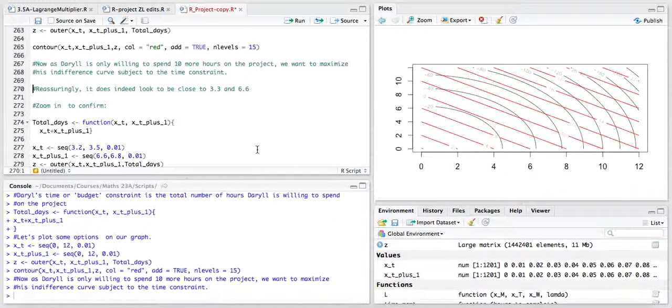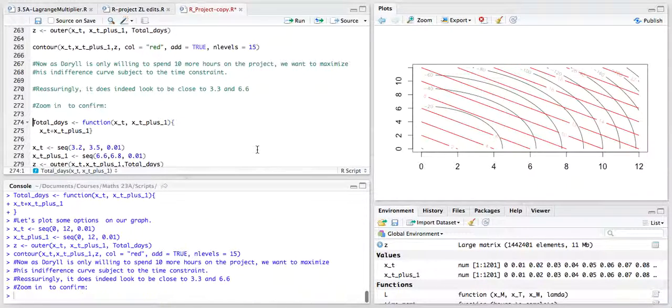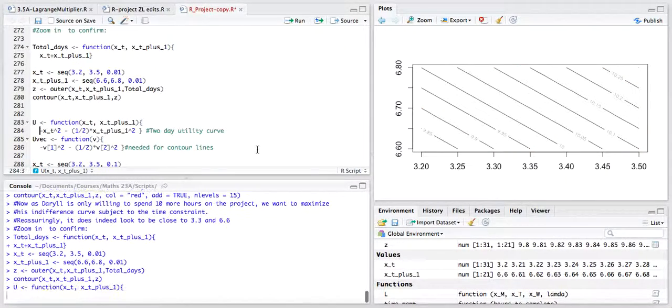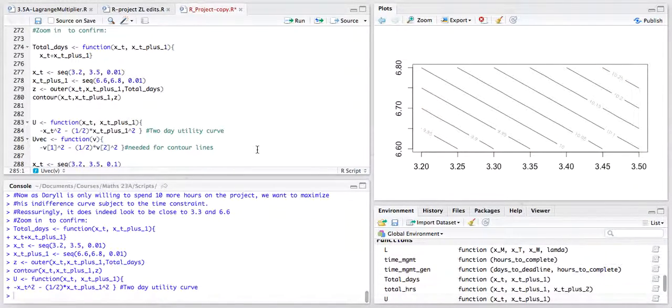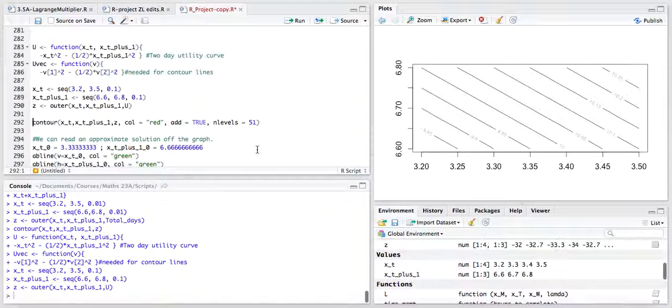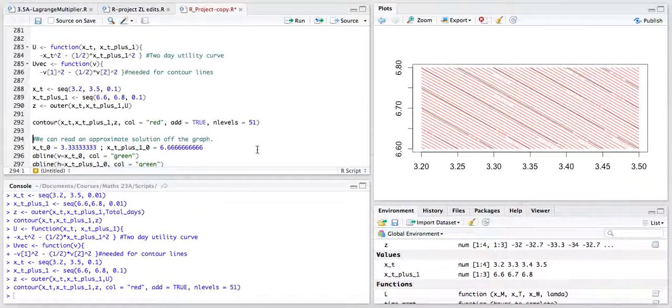So reassuringly, it does look like the point which is tangent to the line is probably close to 3.3 and 6.6. So let's zoom in to confirm. Okay, so there's a lot of red lines there, but we can read an approximate solution off the graph.